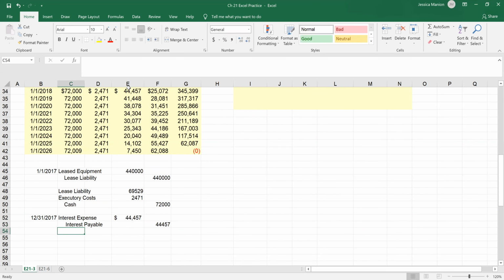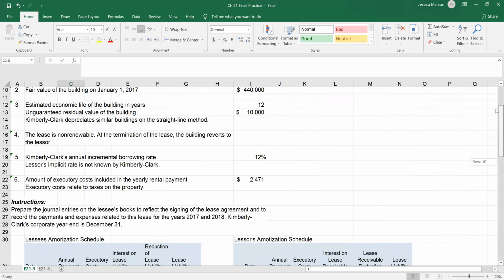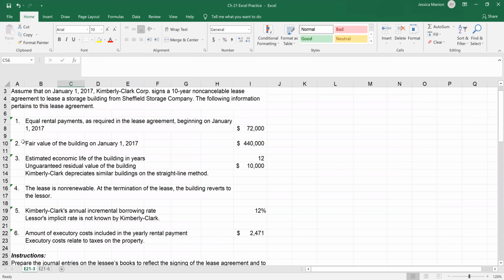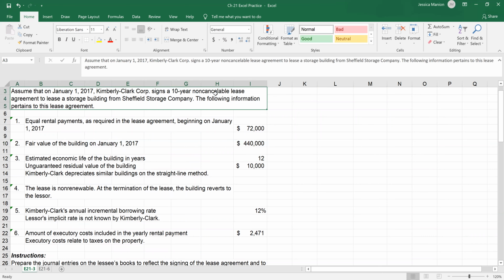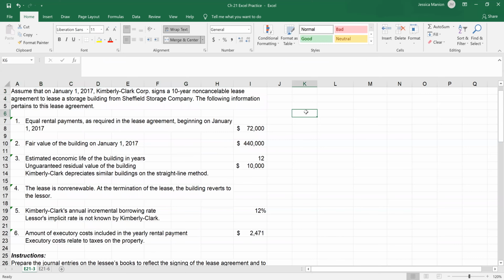And then for depreciation, it told us that they use the straight line method. So we're debiting depreciation expense equals 440,000 divided by 10 years. Right? If we go back up here, it tells us the fair value 440,000 and that this is a 10-year non-cancelable lease agreement.